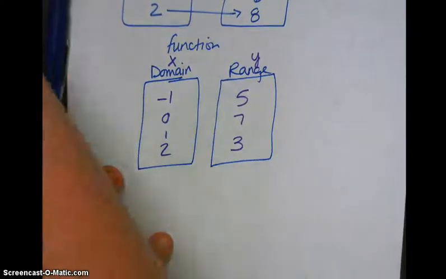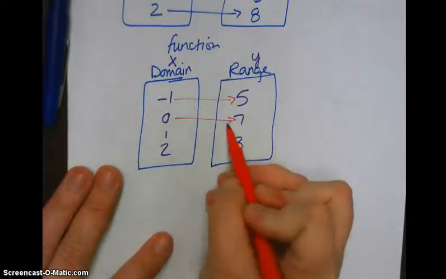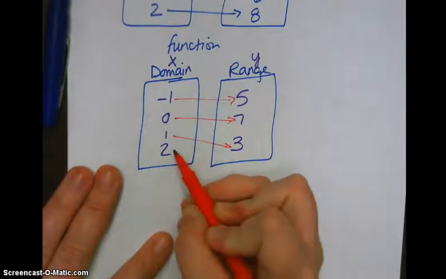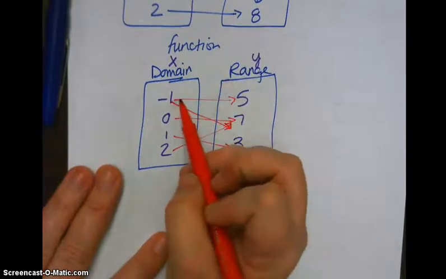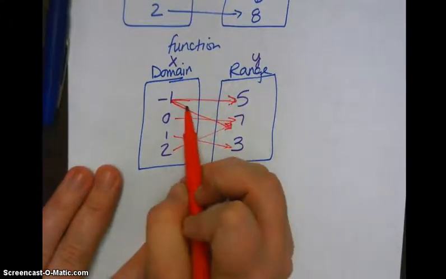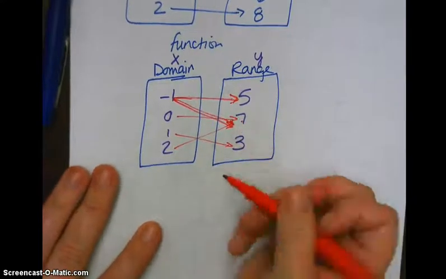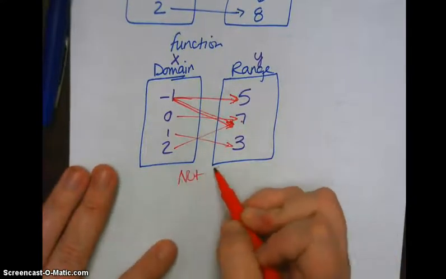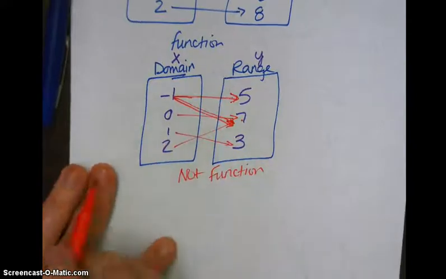In this case, we notice that -1 is going to two values. -1 goes to 5 and -1 goes to 7. So that would mean that it is not a function because every x can only go to one y.